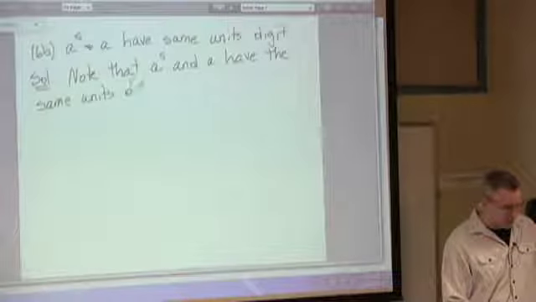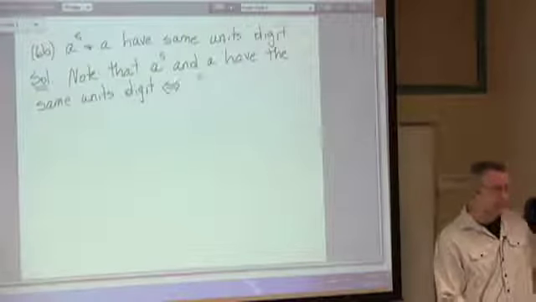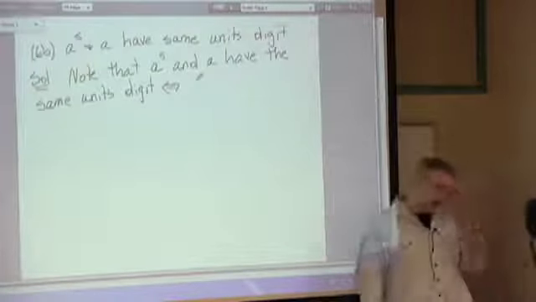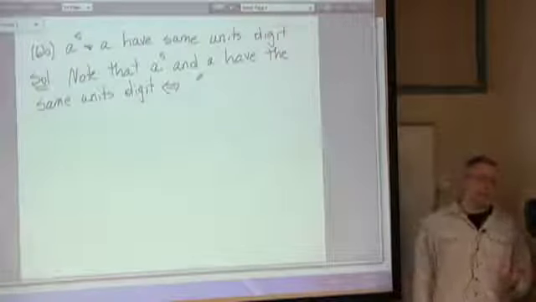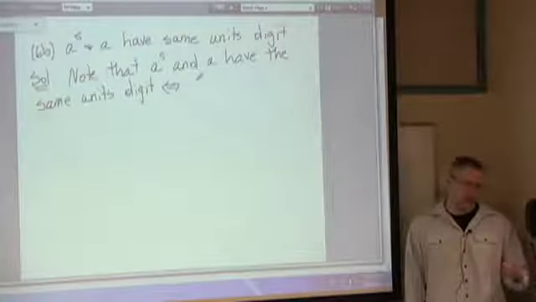a to the 5th and a have the same units digit, and we talked about this a little bit last time, if and only if... Okay, so remember what I said about the units digit, right? It's just what this is congruent to mod 10, reduced between 0 and 9.